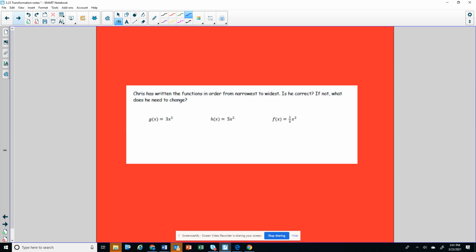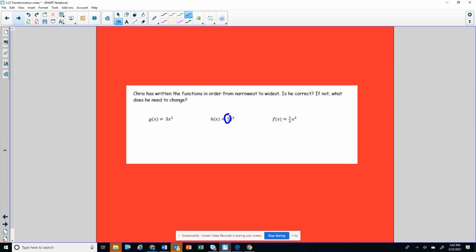All right. Let's see. Chris is asked to write these three functions in order from the narrowest to the widest. And did he get them correctly? Well, let's see. We have 3 and 5. So which one is going to be the narrower of those two functions? Well, because h of x has the larger coefficient, which is 5, that's going to be narrower.